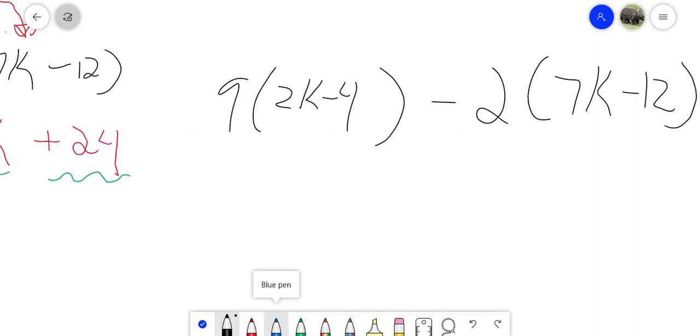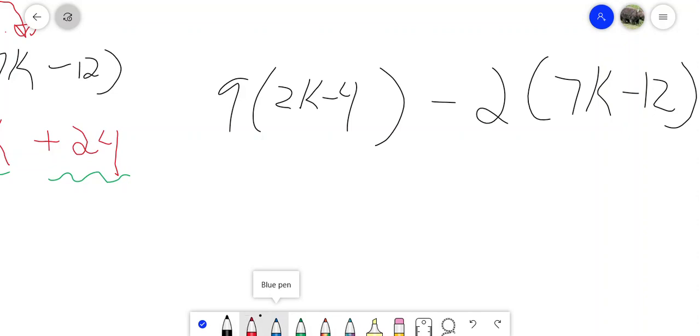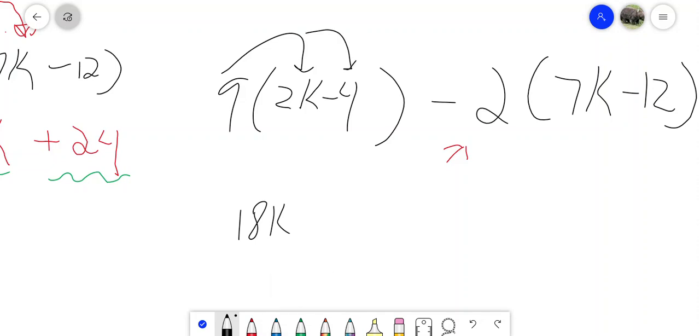Now remember, a minute ago, I distributed this negative 2. I'm going to try something else. I'm going to keep it positive, but keep the negative sign. So on the left here, this stays the same. 9 times 2k is just 18k. And 9 times negative 4 here is negative 36.